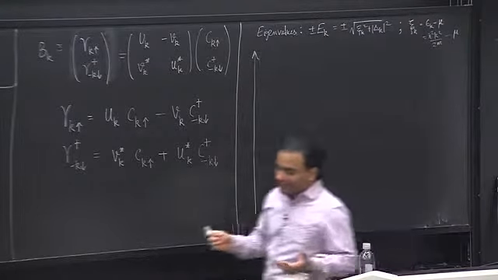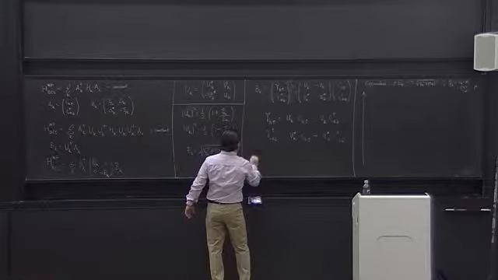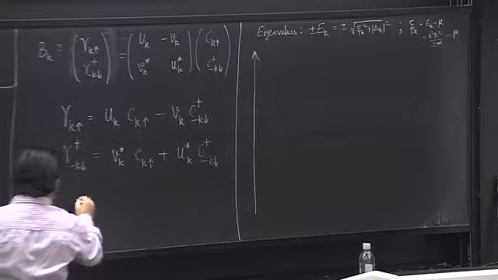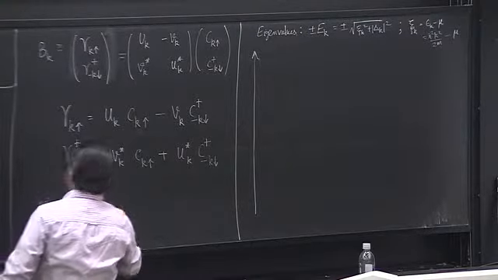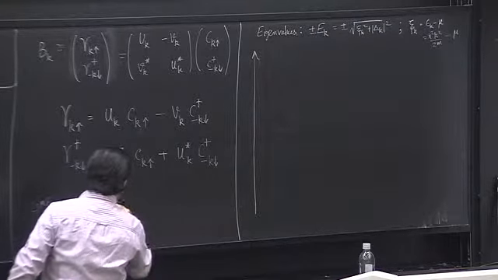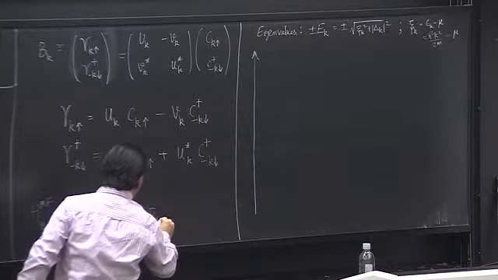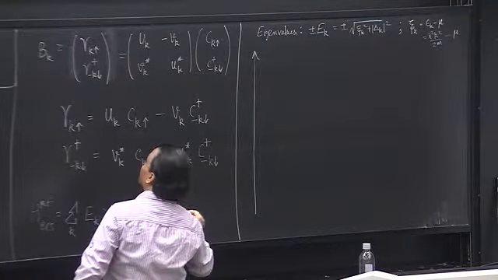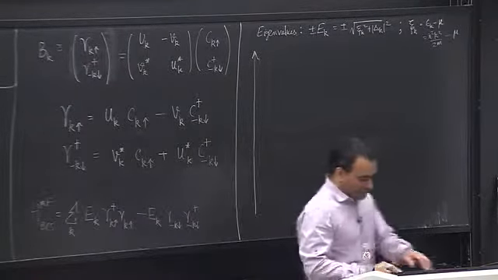And I know that this eigenvalue... so what is the new Hamiltonian? The new H BCS mean field is actually a sum over K of EK gamma K up dagger gamma K up minus EK gamma minus K down gamma minus K down dagger.